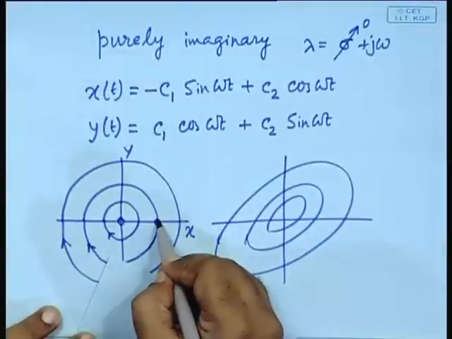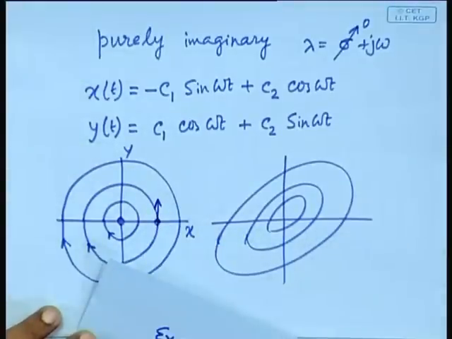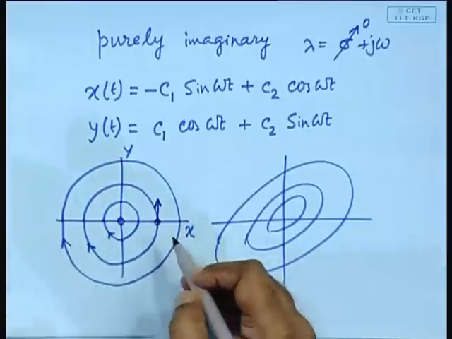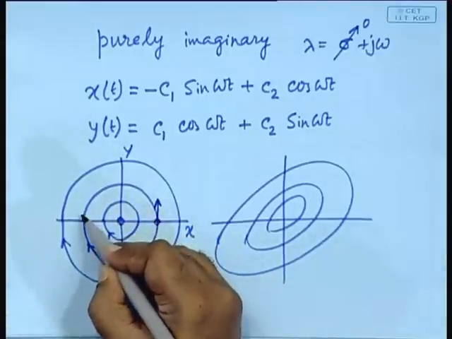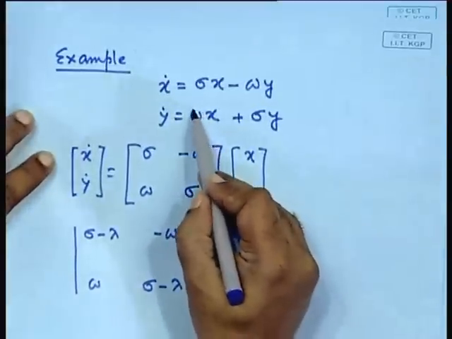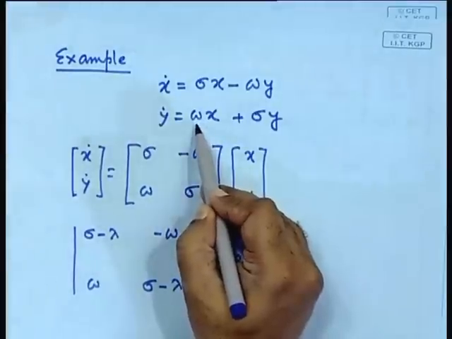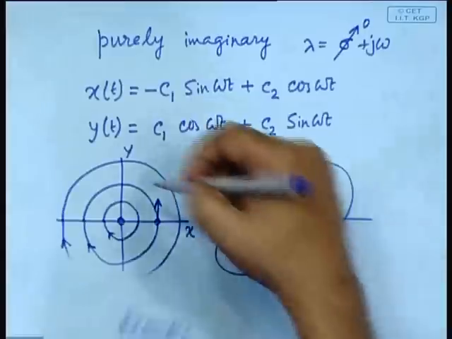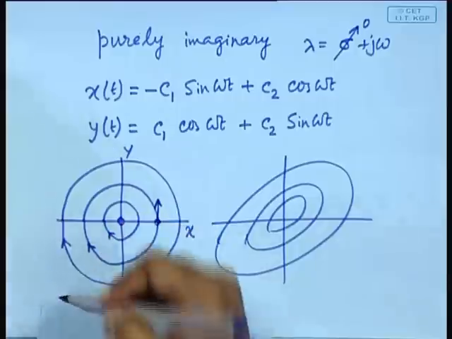Positive means y dot is positive, meaning a vector like this. So, that immediately tells us that it rotates counterclockwise. Or in other words, if this omega is a negative term, then it rotates the opposite direction, clockwise.